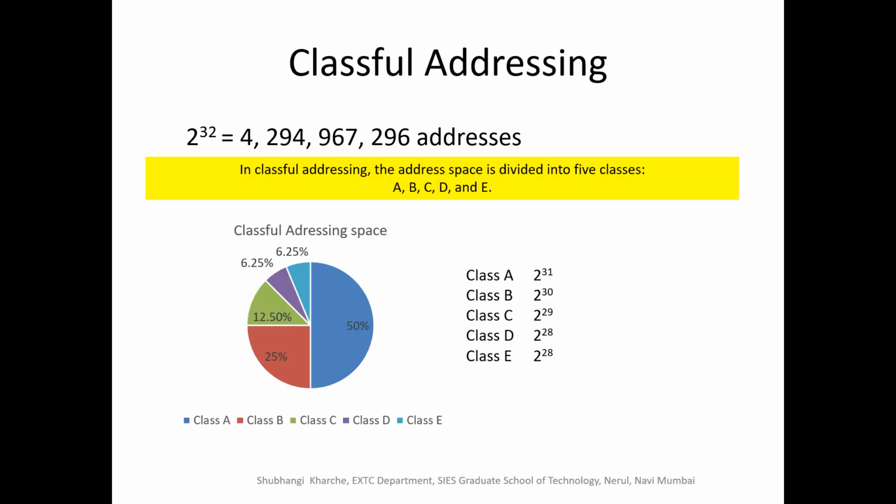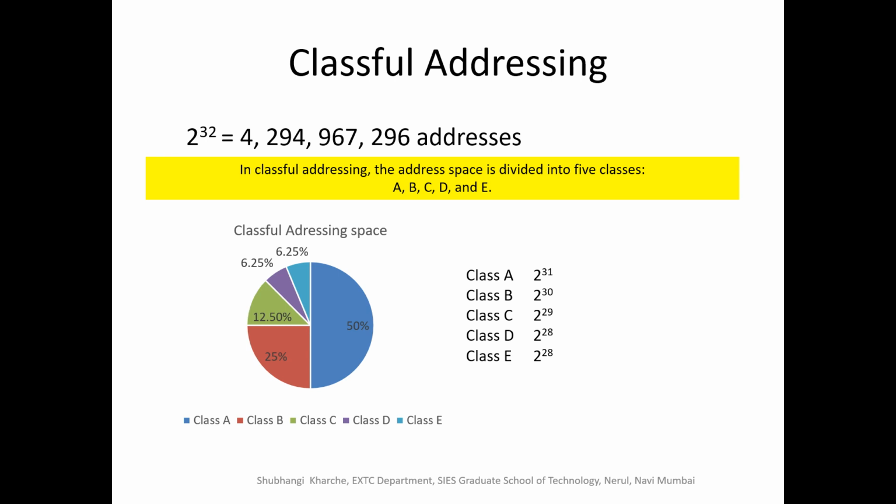Now, these IPv4 addresses belong to classful addressing. There are 5 different classes of IPv4 addresses: class A, class B, class C, class D, and class E. And as there are 32 bits in an IPv4 address, the total number of addresses possible with IPv4 addressing is nearly 4 billion addresses.